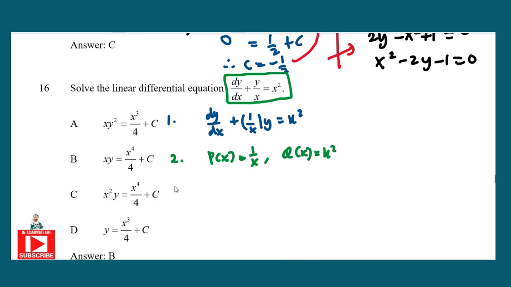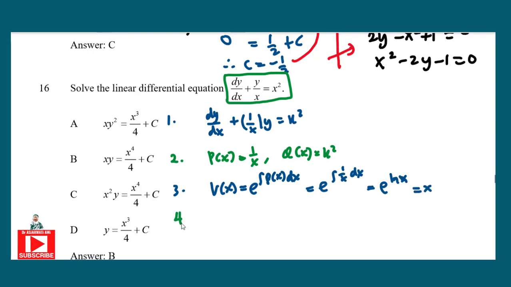The third step is to find V(x), the integrating factor, using the formula: integrate P(x), which is 1 over x. Integrating 1 over x gives ln x, and simplifying, the answer is x.